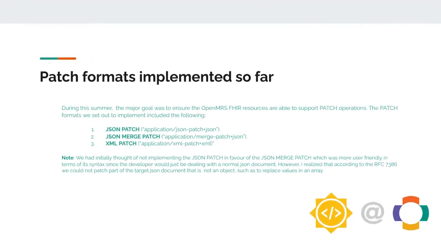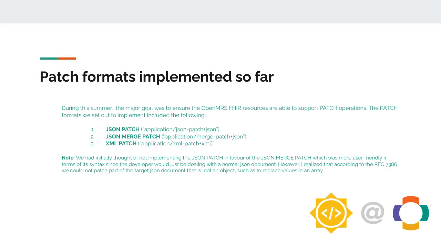During the community bonding period, we set out to implement the JSON patch, the JSON merge patch, and the XML patch of the OpenMRS FHIR resources. However, we had initially discussed supporting only JSON merge patch.